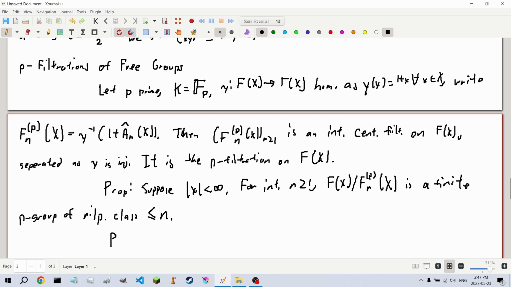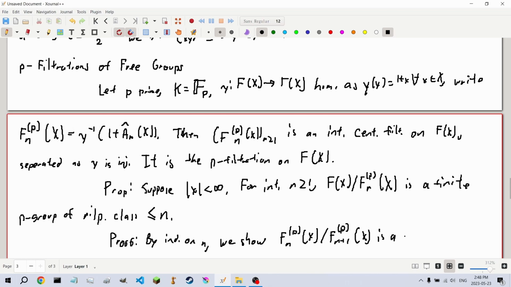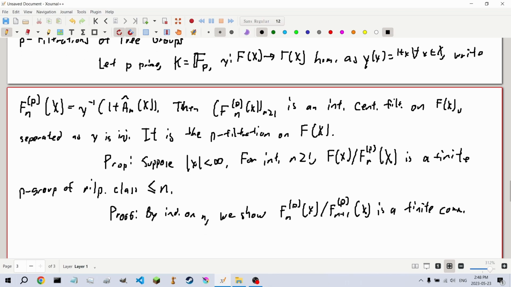And the proof: by induction on n, we show that F_n^p of X over the next p-filtration of X is a finite commutative p group for all n at least 1.